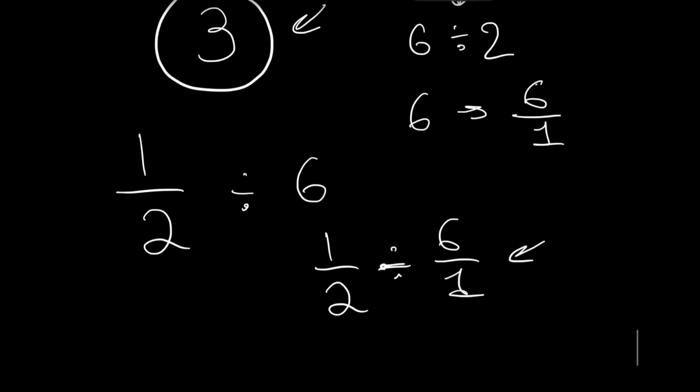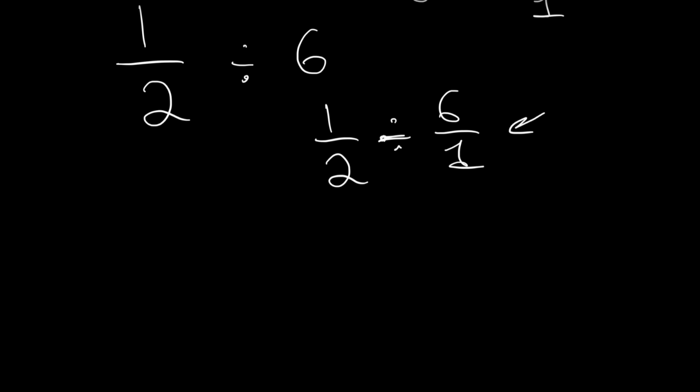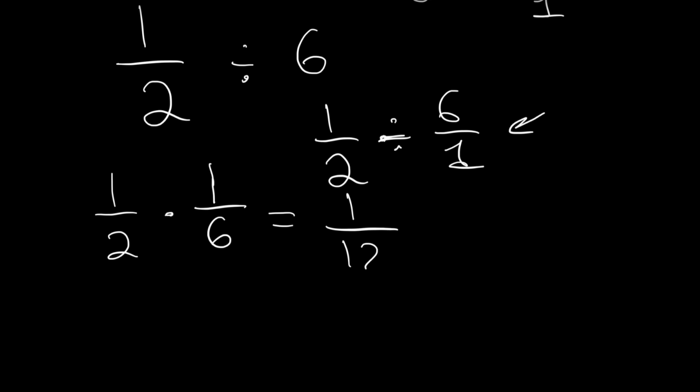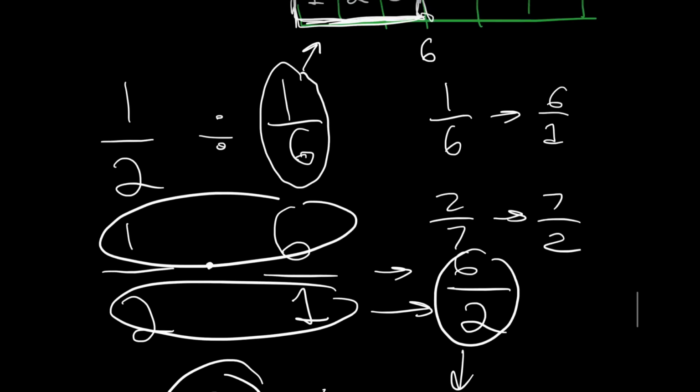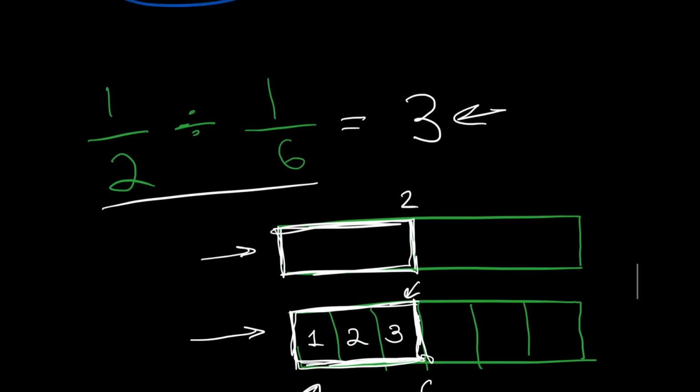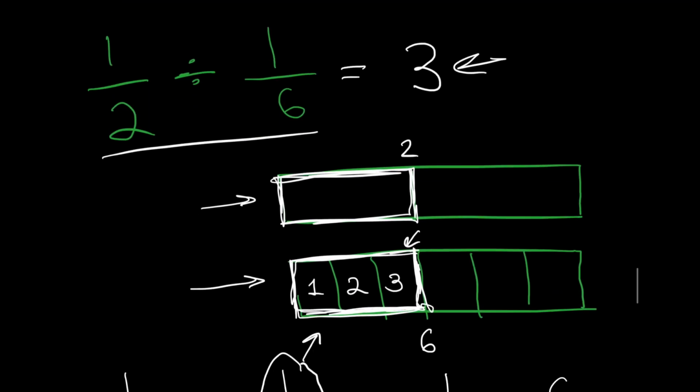Then we take the reciprocal of 6 over 1, and we get 1 by 2 times 1 over 6, which is equal to 1 over 12. So you can do the same thing with integers and fractions, since we already know how to convert an integer into a fraction.